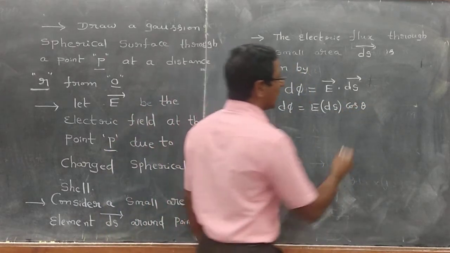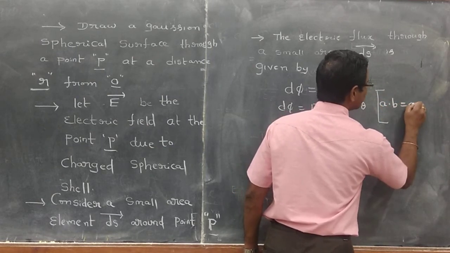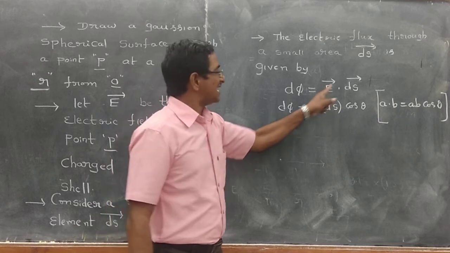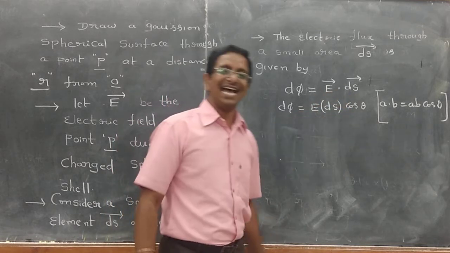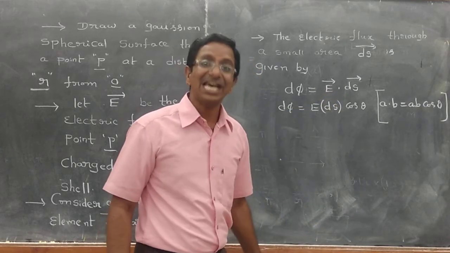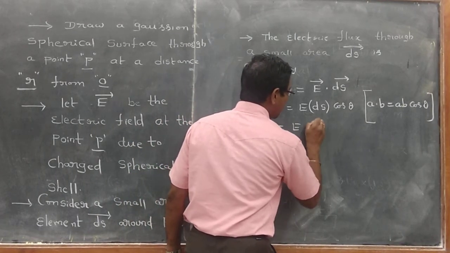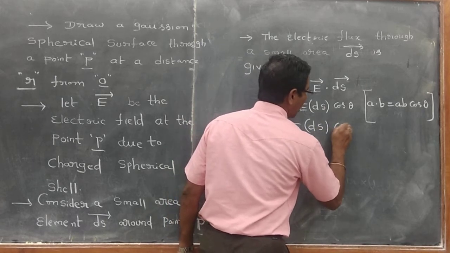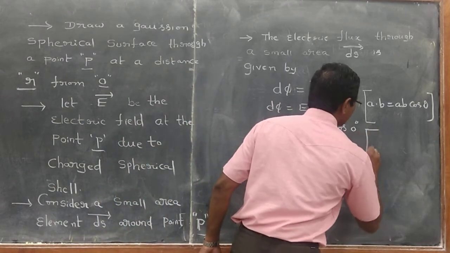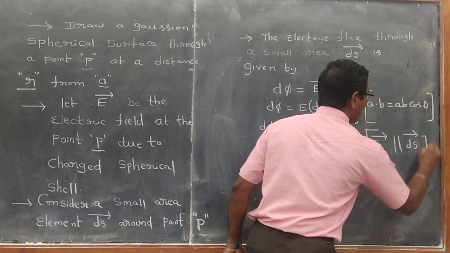What is the reason? The reason is A dot B is equal to AB cos theta. That is why E dot ds is equal to E ds cos theta. Now, what is the angle between E and ds? 0 degrees. Therefore, d phi is equal to E ds cos 0 degrees. Why 0 degrees? Because E vector is parallel to ds vector.